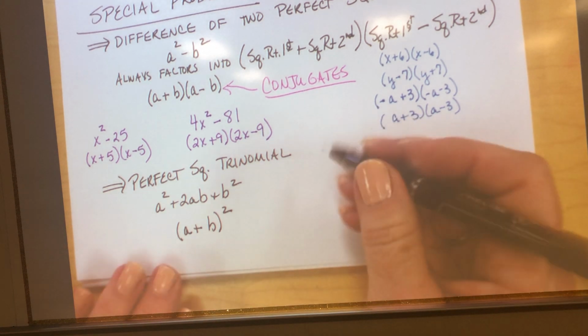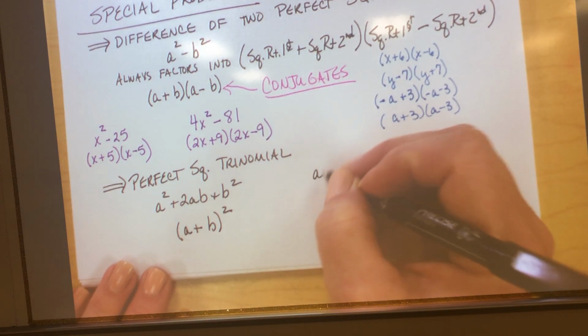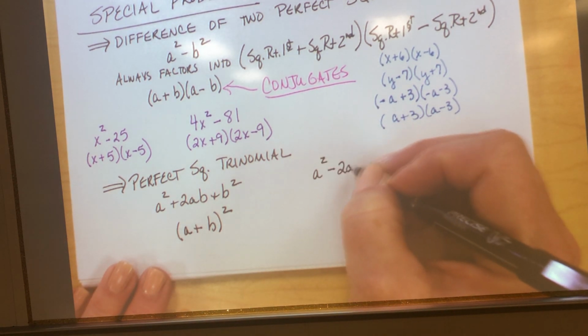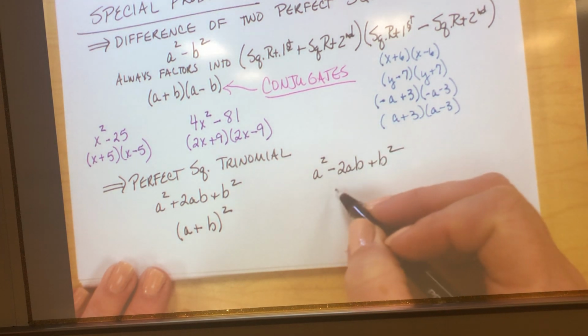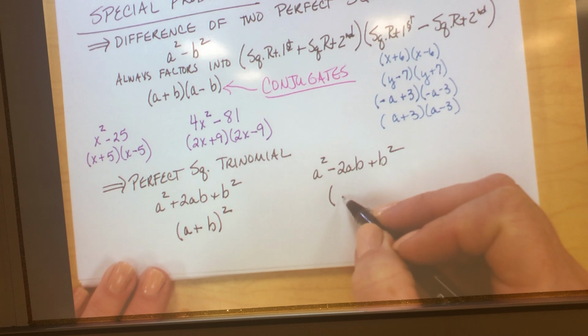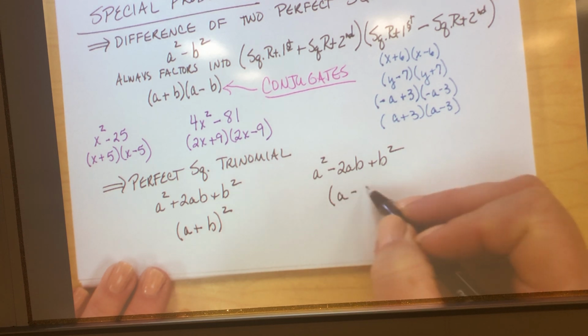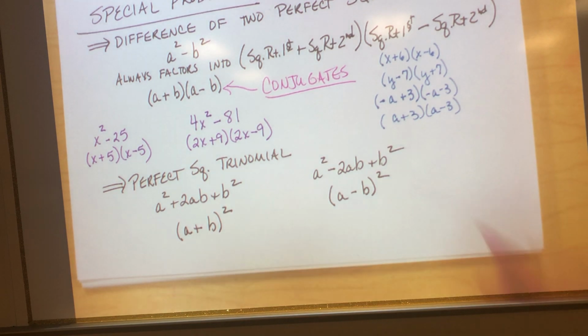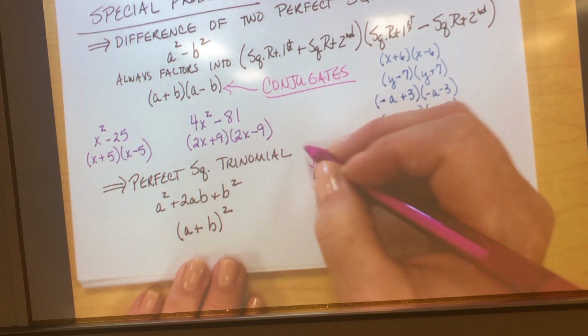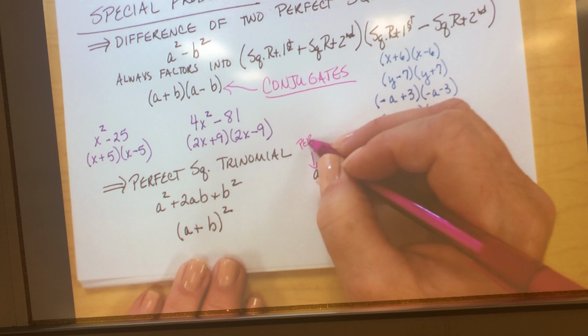There's another one that looks like this: a squared minus 2AB plus b squared. And what does it factor into? A minus B, quantity squared. So here's what you're looking for. This first term must be a perfect square.